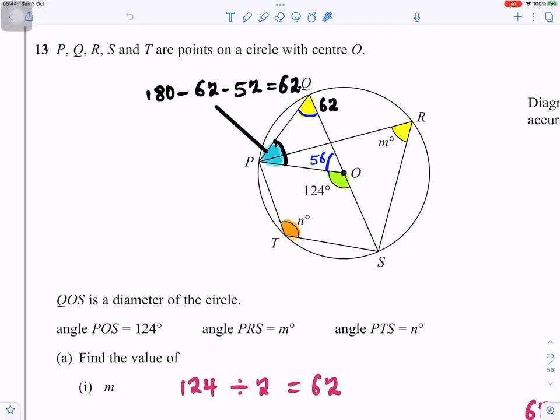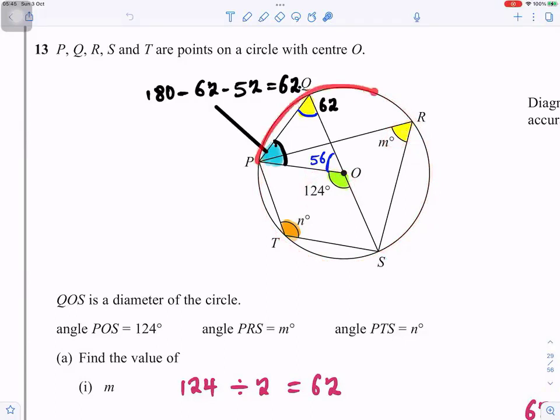Find the value of M. So this angle is 62, which is 124 divided by 2, because the angle at the center is 2 times the angle at the circumference.